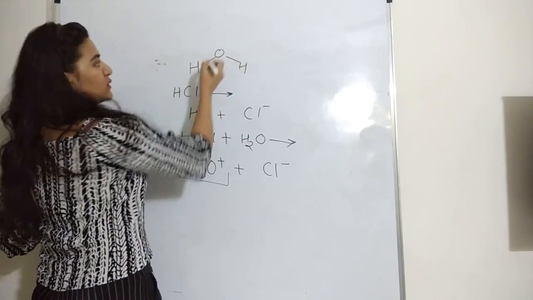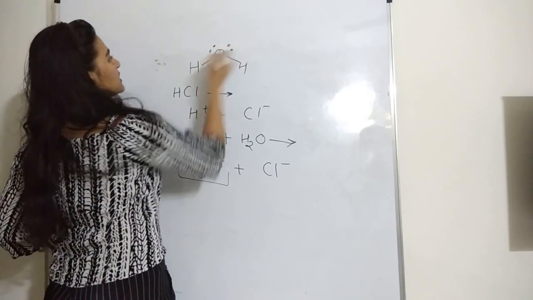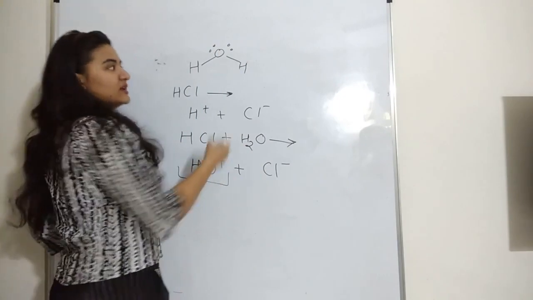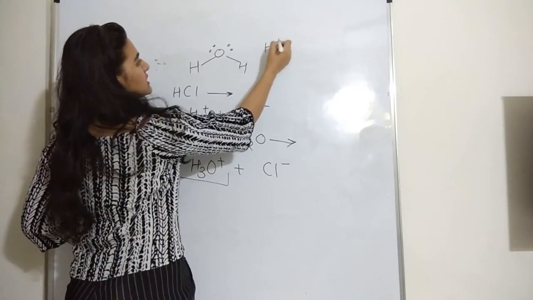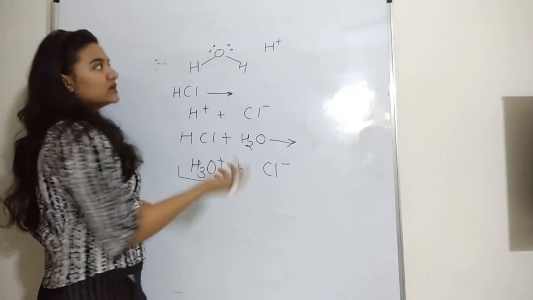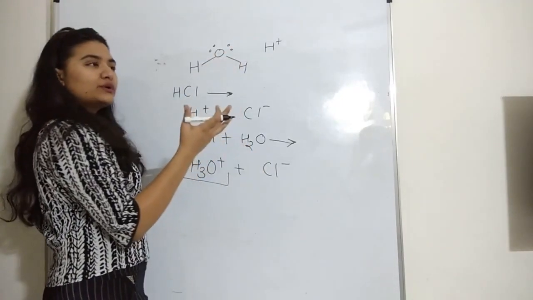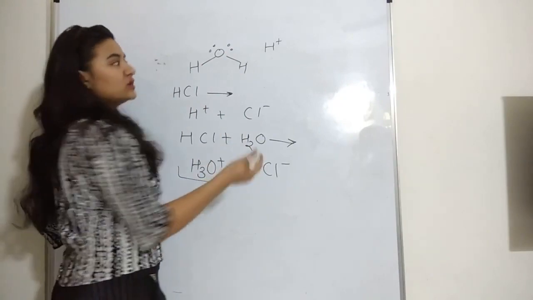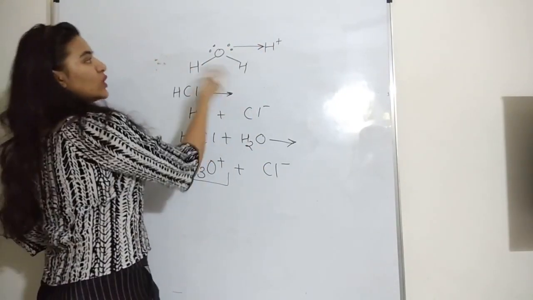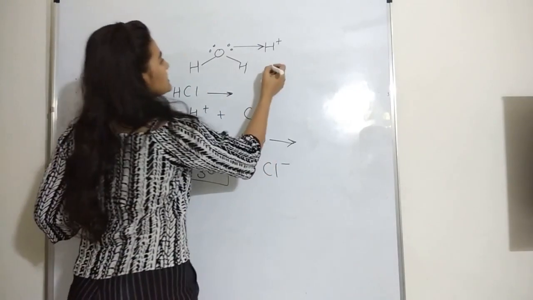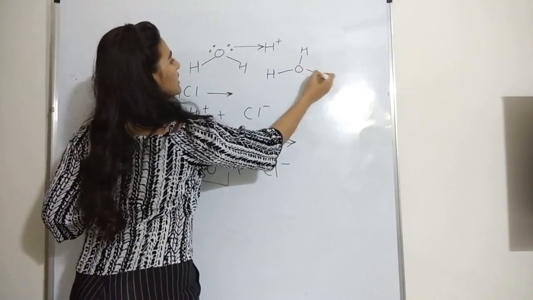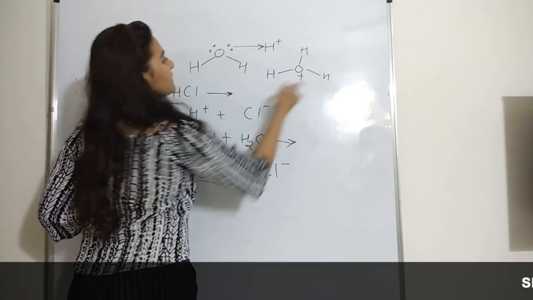This is water with 2 lone pairs. Now if it has H plus ions in the vicinity or dissolved in it, what is it going to do? Hydrogen has no electrons, so there cannot be a bond with it. It's lone, or you can say it's a free H plus, a free proton. When this lone pair is donated to H plus, or the water is accepting H plus, it is forming H3O with a plus charge.